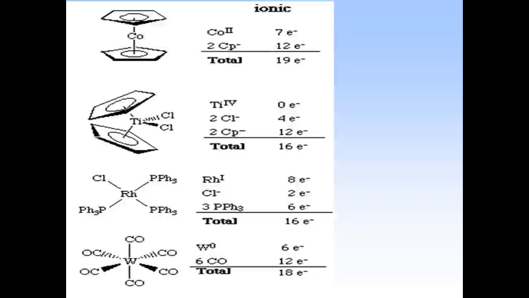So the valence electrons are 6, 6 carbon monoxide donate 12 electrons, and 18 electrons are present in that final compound, and that is very stable. So the above 3 compounds violate, that means they do not match with the 18 electron rule. So those compounds are unstable.